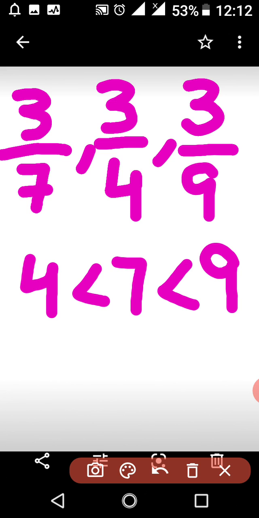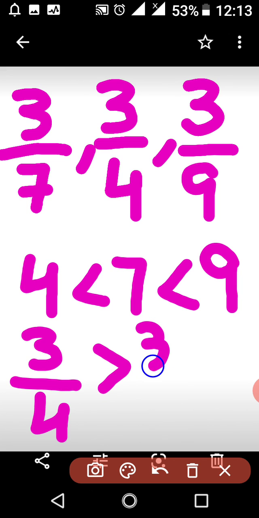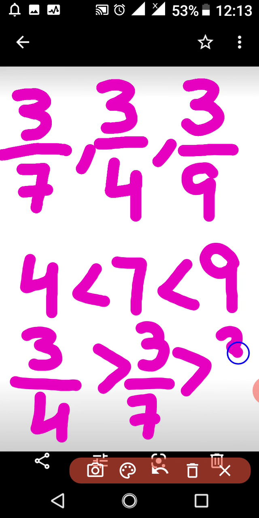Which is the least denominator here? 4. Now 3 by 4 is the greatest among the given fractions. What is the next least denominator? 7. So 3 by 7 is greater than the third fraction 3 by 9.